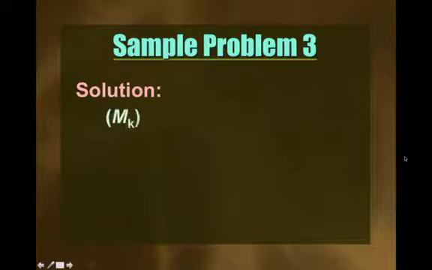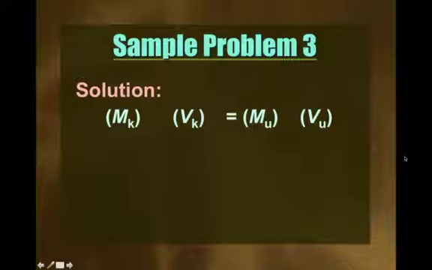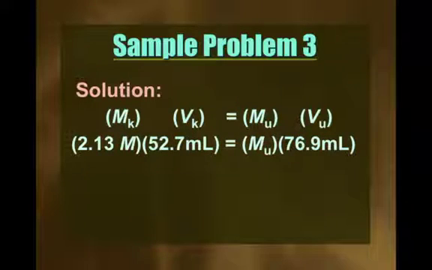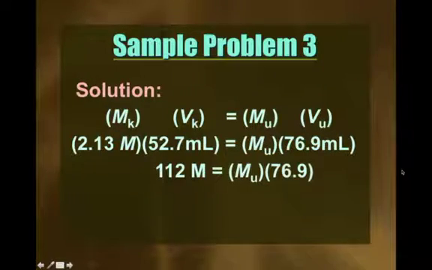Very simple process. First, write the formula down. Molarity of the known times the volume of the known equals molarity of the unknown times the volume of the unknown. You had the known, 2.13 molarity, 52.4 milliliters equals the molarity of the unknown times the volume of the unknown. Simple algebra here.